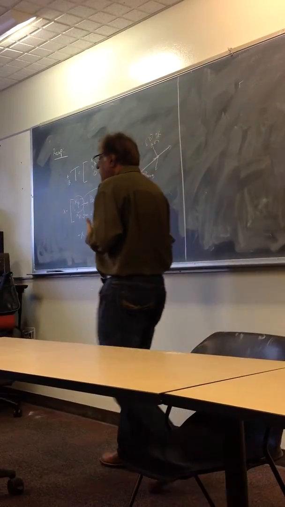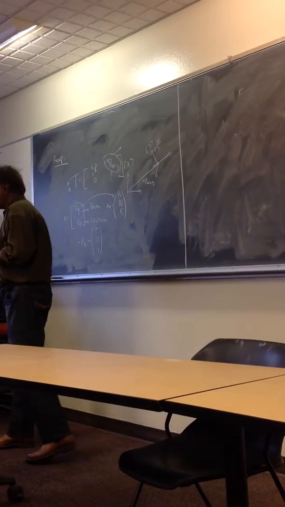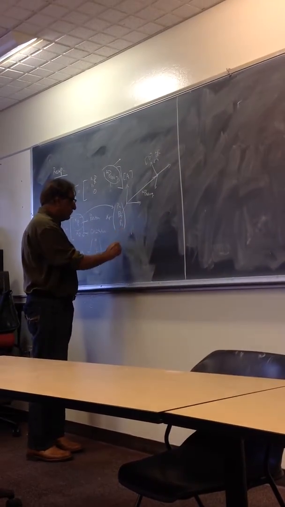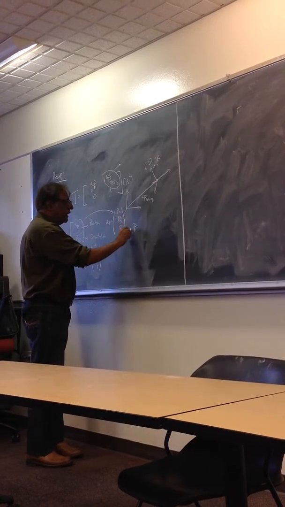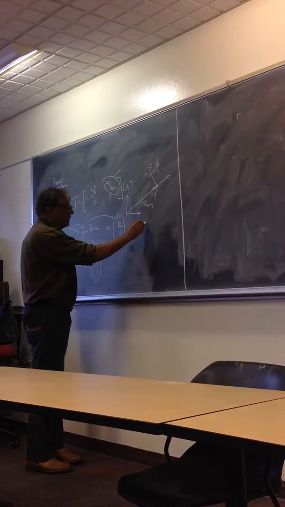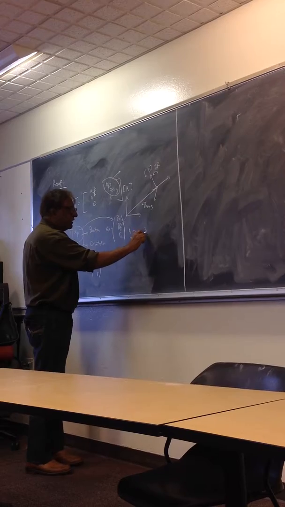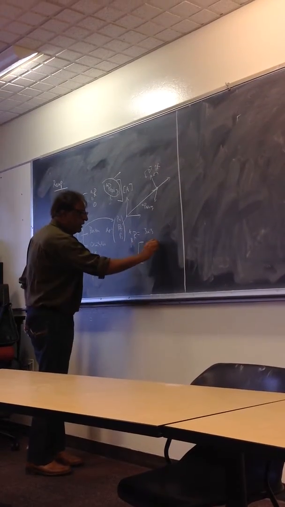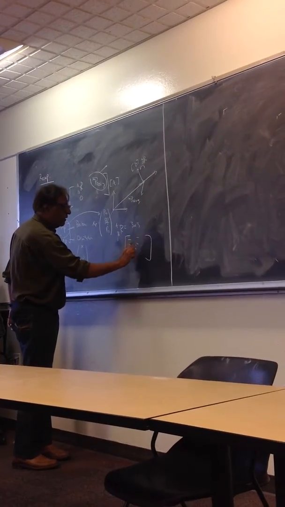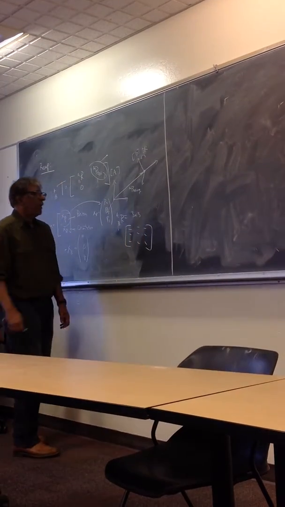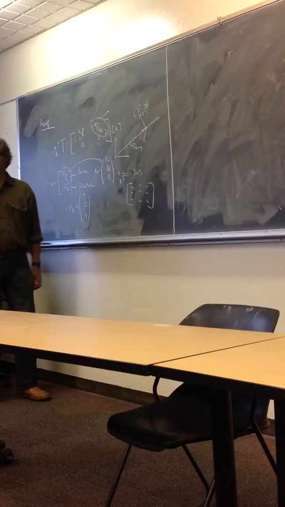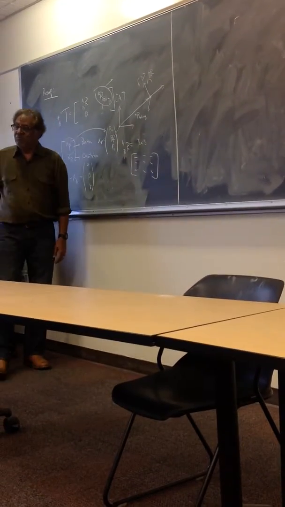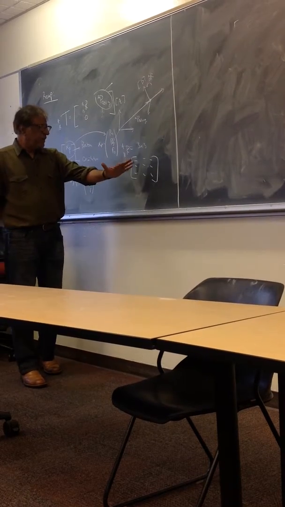Well, with a rotation matrix, R B to A is a 3 by 3 matrix, right? So you have 9 numbers here, just any 9 real numbers.